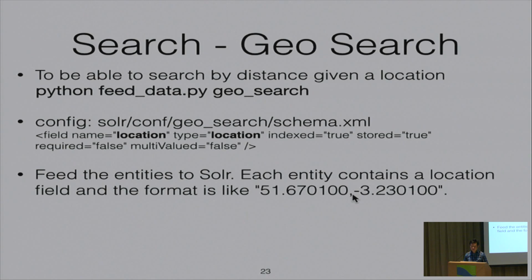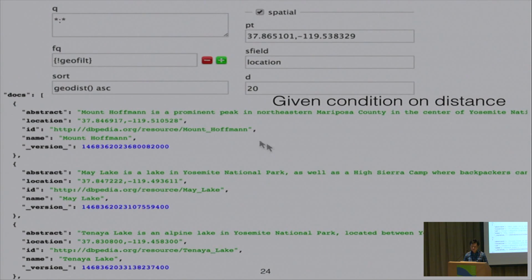After that we can just specify some condition on distance given a point. In this example, we are querying given a point in San Francisco, and then we can get some entities which are within a distance of 20 kilometers. And we can see those entities are actually some locations in San Francisco.